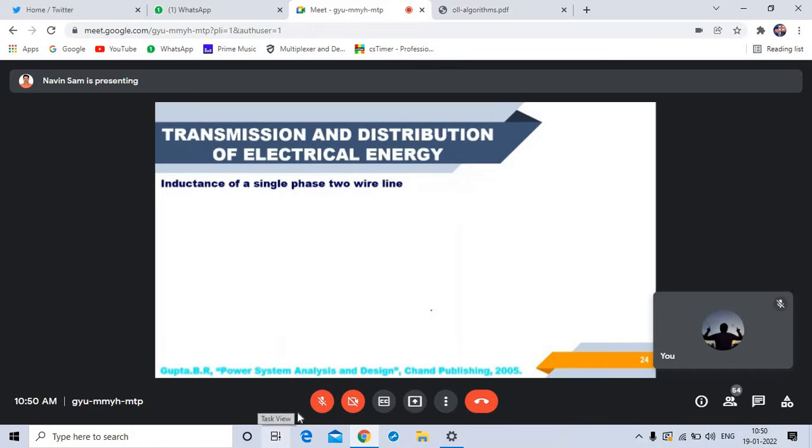So one is for phase, another one is for neutral. That's it. Very simple. So this single phase transmission line will have 2 conductors. One is meant for phase and another one is meant for neutral.